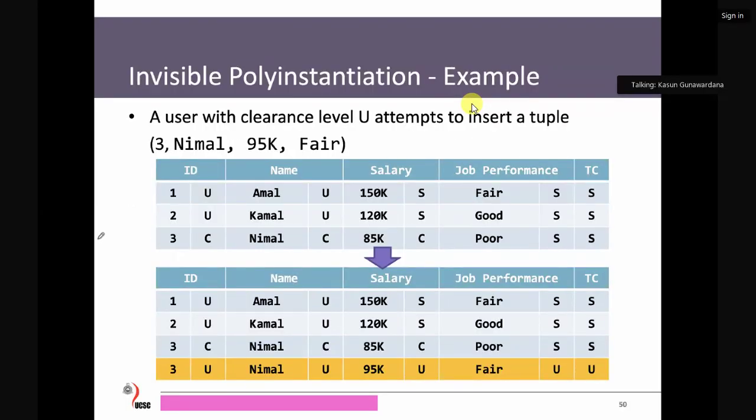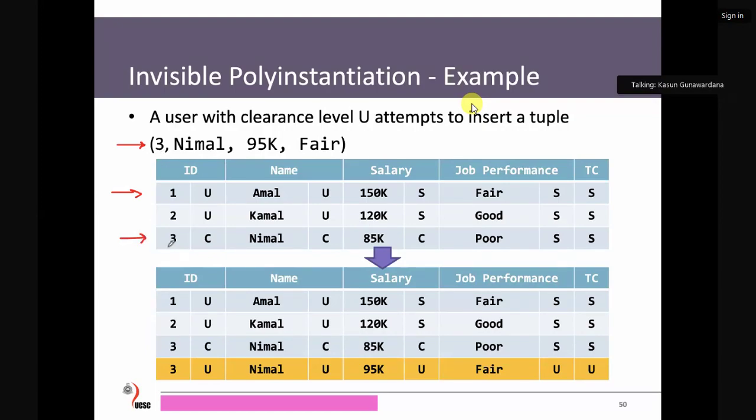So let's say this is the original table, and a user with clearance level U, the lowest clearance level, attempts to insert the tuple given here, right? When the user attempts to insert this tuple, there exists a tuple in the original table with the same apparent key.